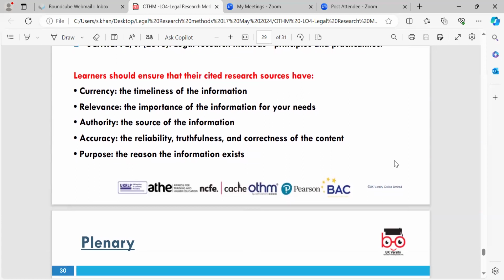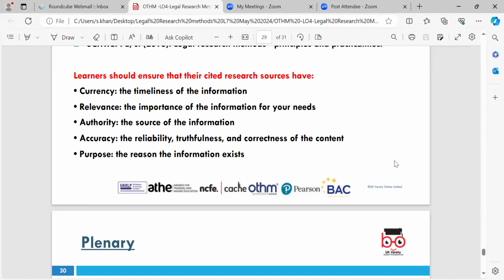Learners should ensure that their cited research shows currency, the timeliness of the information, relevance or the importance of the information for your needs, authority, so the source of the information, accuracy and reliability, validity, which we've gone through already, truthfulness and correctness of the content, and purpose, so the reason the information actually exists, why there's a need for it.